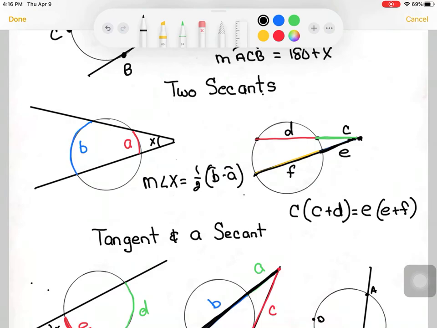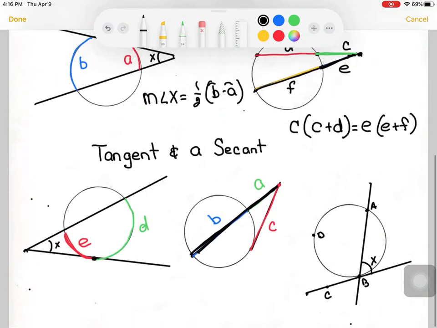If I take C and multiply that by the entire length of the segment, C plus D, that's going to equal E times E plus F. And in a couple of your problems you're going to be looking at that relationship.